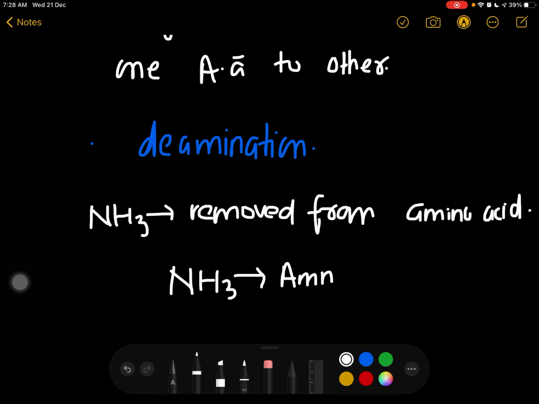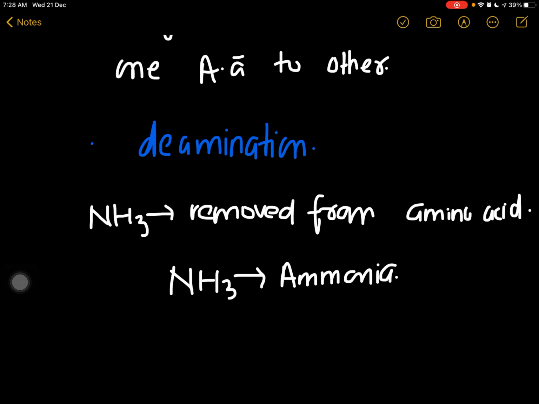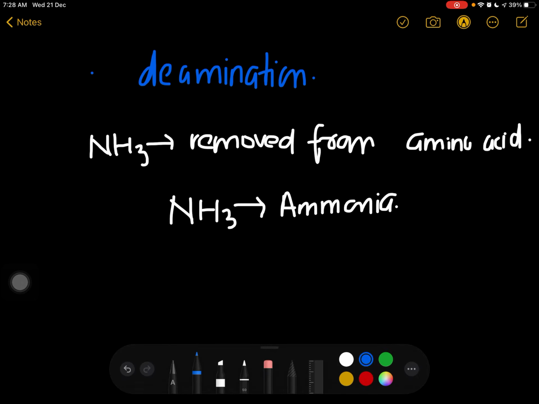As we know, this ammonia is a very toxic substance. So then this ammonia will be converted into urea.